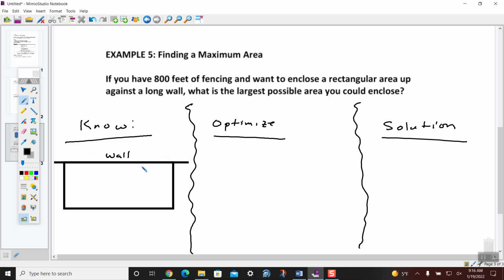We're going to make an area, but one side of the area is not going to be fencing. It's going to be a wall. Do you guys agree that we're really talking about how many sides of fencing in this problem? 3. We're really talking about 3 sides. Here's a fenced side. I'll put little dashes through it like this to indicate that's where my fence is.